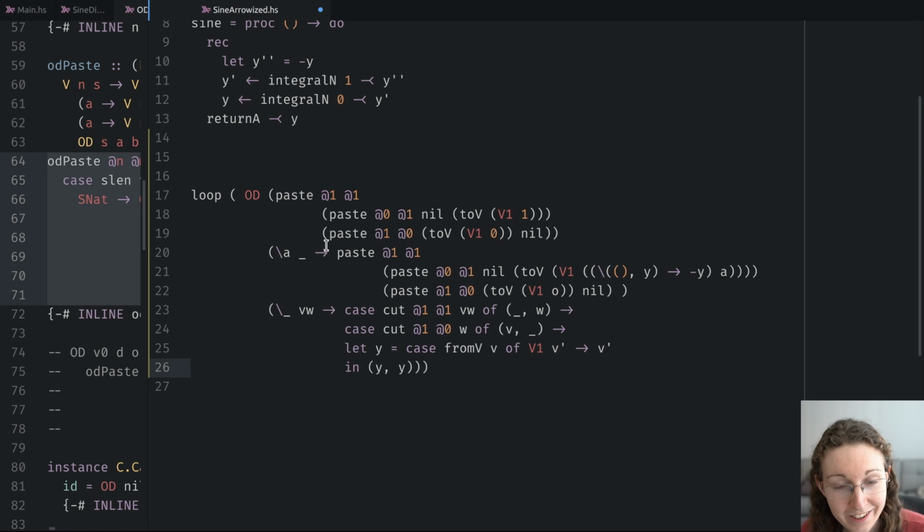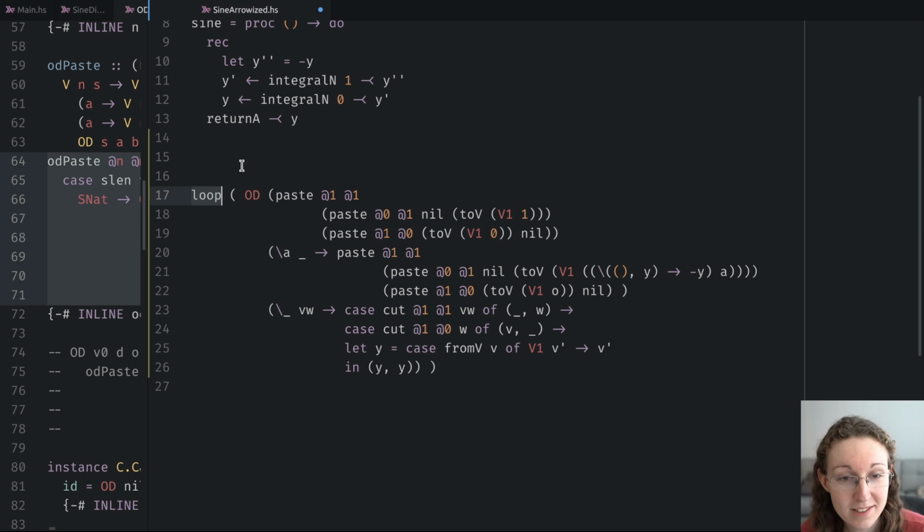Because what we're doing, if you look at this, is we're pasting a bunch of nil vectors together with other vectors, which of course this is always going to be the identity operation. If we append a nil vector to any vector, then we're going to get that original vector back. And similarly, here we're doing a cut, and this cut is just slicing off a little nil component, which is then never even used. So this is a huge waste of time.